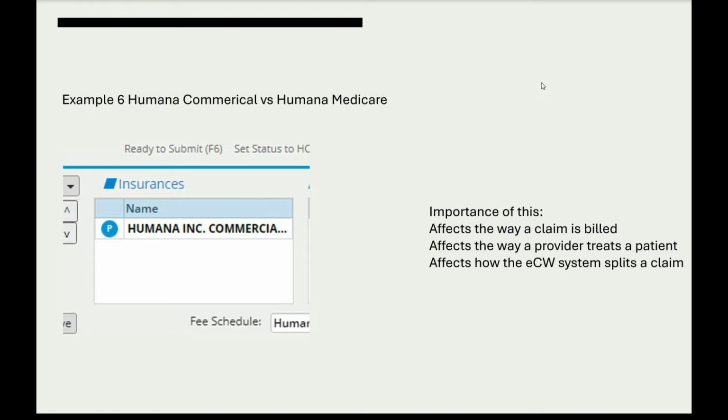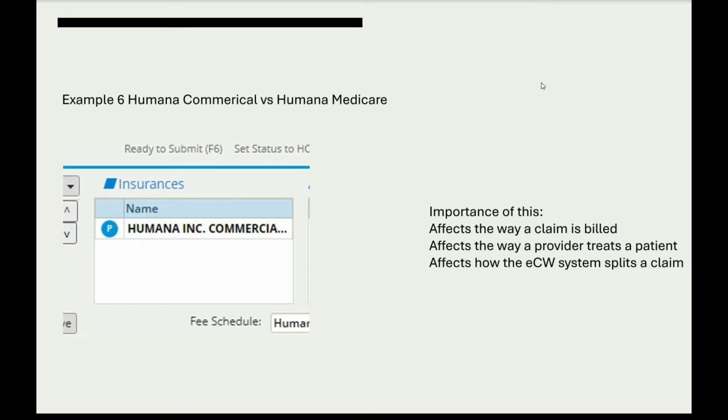We are fixing this on our end, but once again, that's one other thing that takes time that we need the offices to be watching and paying closer attention to, not just pick the first Humana that they see when they're searching, that they pick Humana Medicare when it's truly a Humana Medicare patient.